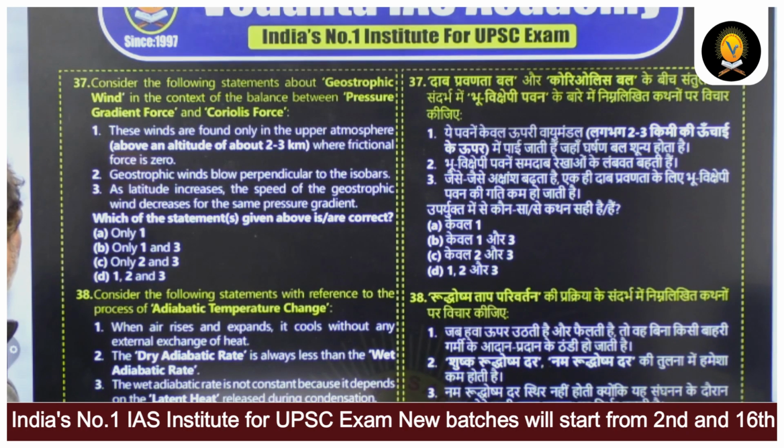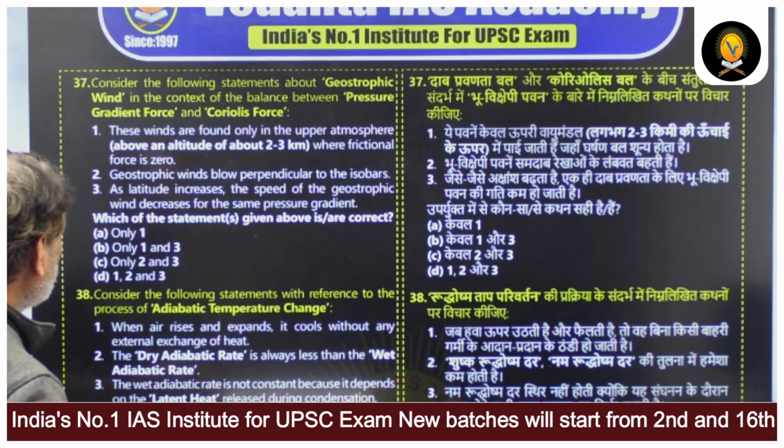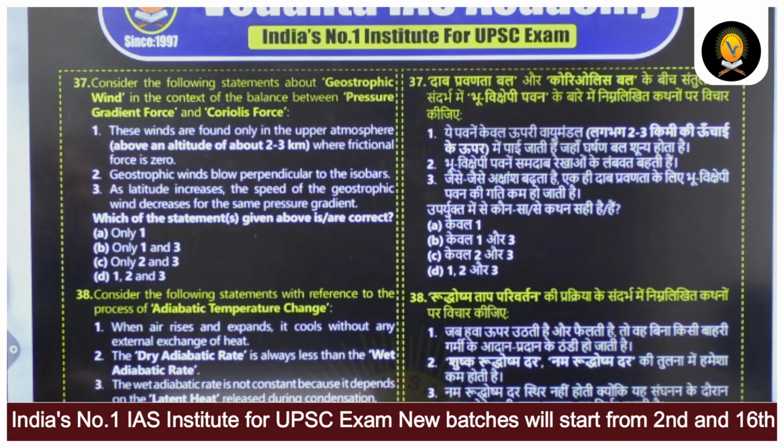These winds are found only in the upper atmosphere. Correct. Where frictional force is 0, this is correct. Geostrophic winds blow perpendicular to the isobars, but they blow parallel to the isobars, so this is wrong. As latitude increases, the speed of geostrophic wind decreases for the same pressure gradient.